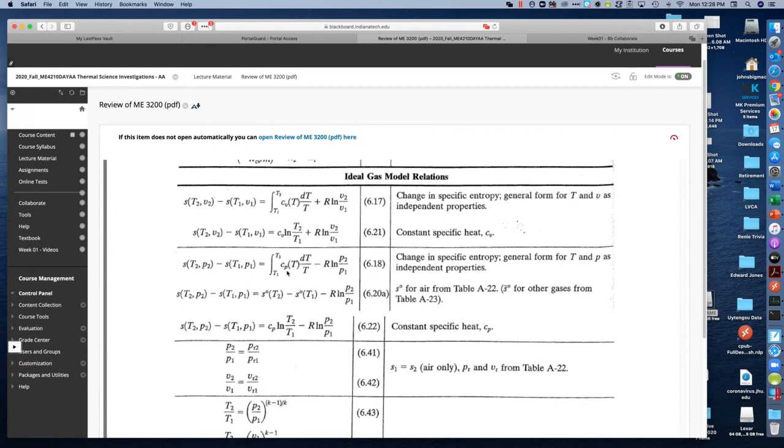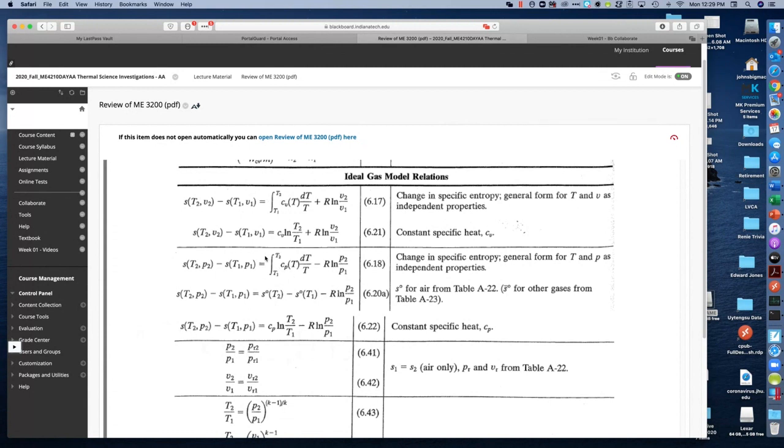As you can see here, as C sub p is constant, we can eliminate it from the integral and take it as a constant at this particular point. And then this R log of pressure comes down here. So this is the equation similar to the previous one, corresponding to the entropy as a function of temperature and pressure.